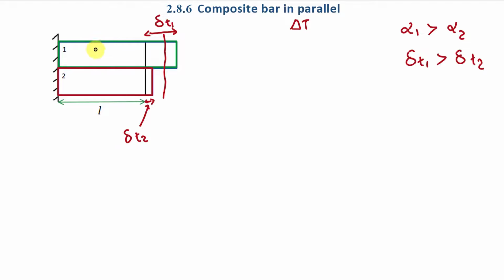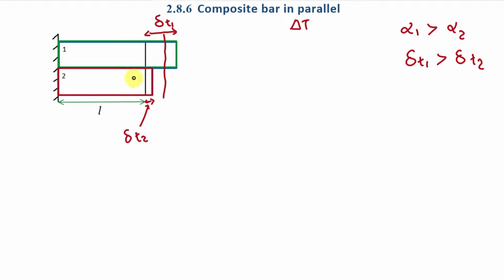Means this body 1 will try to deform body 2 up to this surface, and this body 2 will try to restrict the deformation in body 1 up to this surface. Means this body 2 will not allow body 1 to deform beyond this surface. So what would happen?